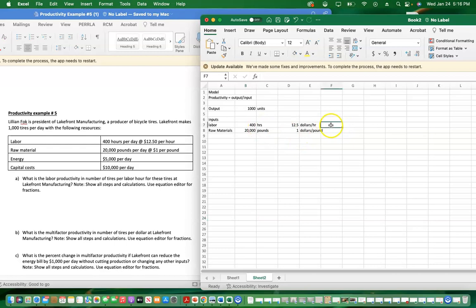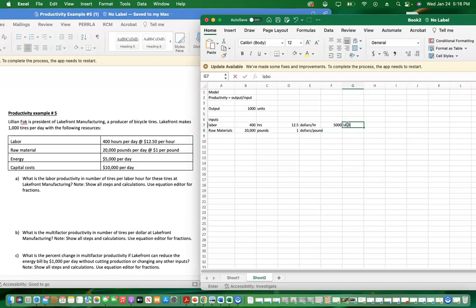So in this case, find the cost of labor, because we know it costs $12.50 per hour, so it will be times the 400 hours. So put the equal sign, and then you can click on 400 times 12.50. If you enter, then we have 5,000 labor cost.